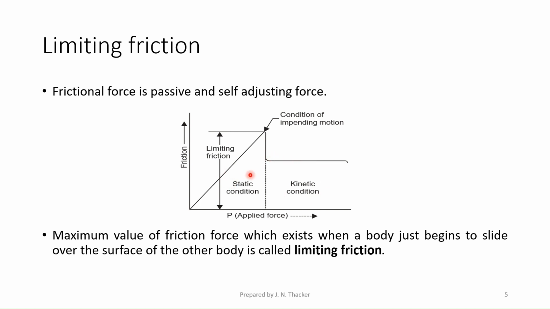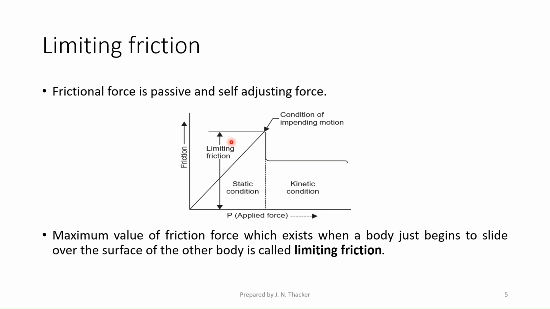So you are seeing two main parts of this plot. First is static condition, when body is not moving, it is resting, and then there is kinetic condition, and when you move from the static to kinetic condition, there is sudden drop in friction, and what is the maximum friction you can get in this condition of impending motion is called your limiting friction, right? So frictional forces, first it is passive force.